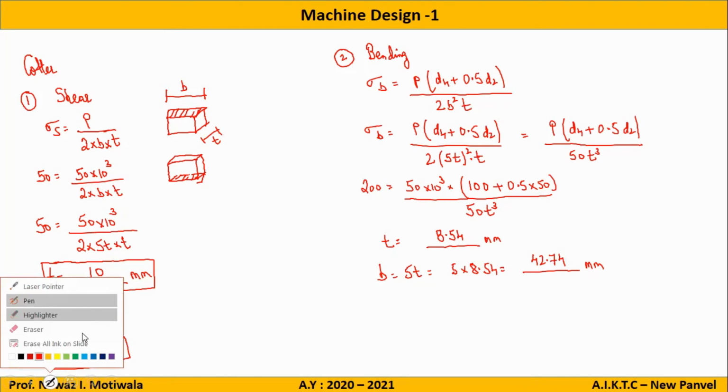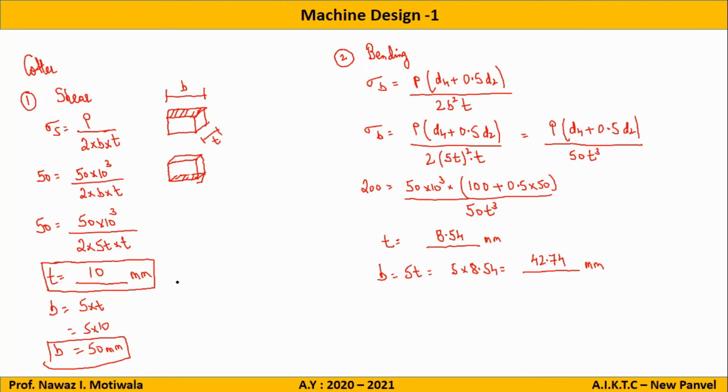This is the part which you need to understand concept wise. So in this case, when we considered shearing, I got the answer for B as 50 and T as 10 mm. And what does this mean?